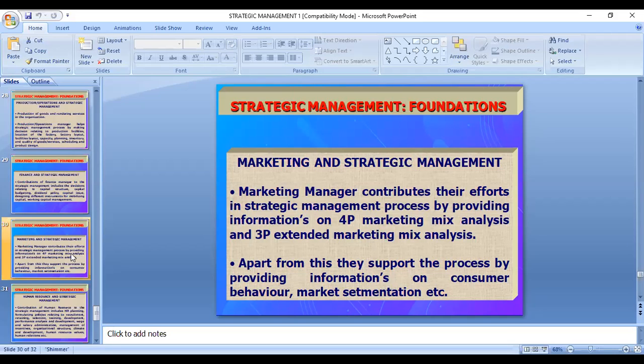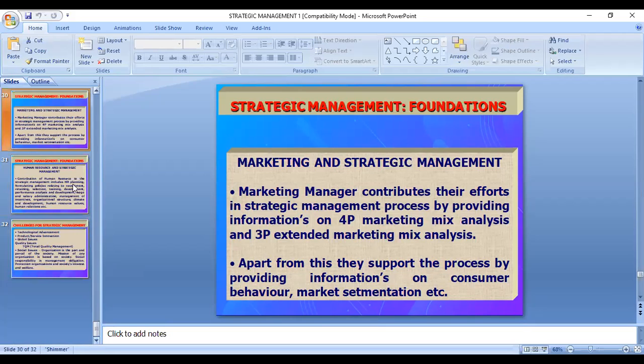So the 4P's will help you during a strategic situation. Apart from that, the marketing department of the organization will continuously give information regarding consumer behavior, market segmentation, and whether a new product has come in the market. Likewise, information which is affecting the sales of the organization will be given, and during this process, organizations will take the strategic steps. Next.